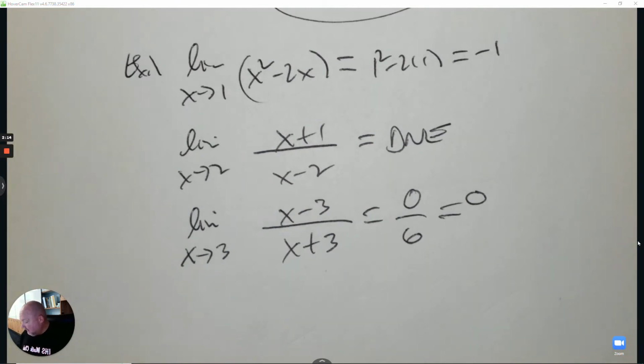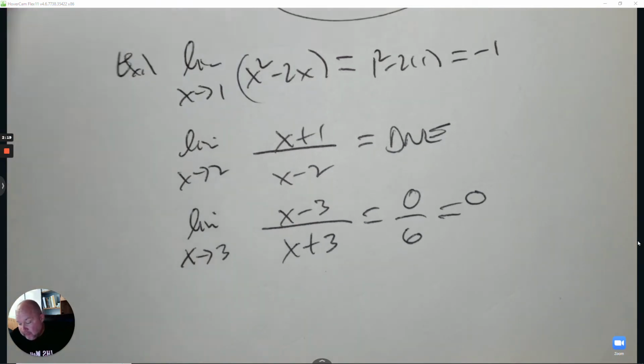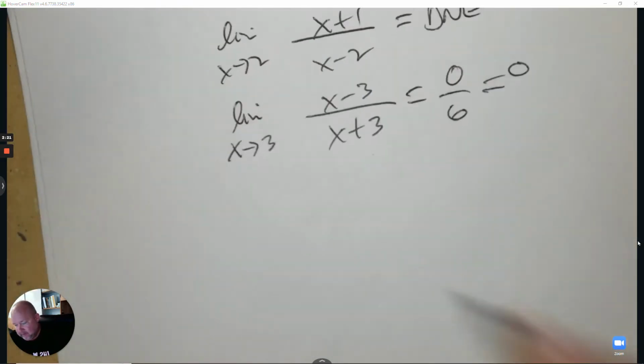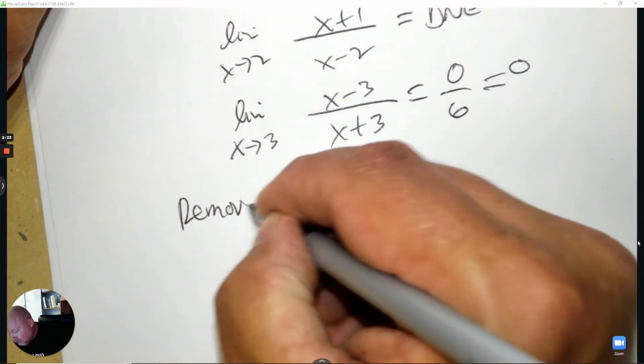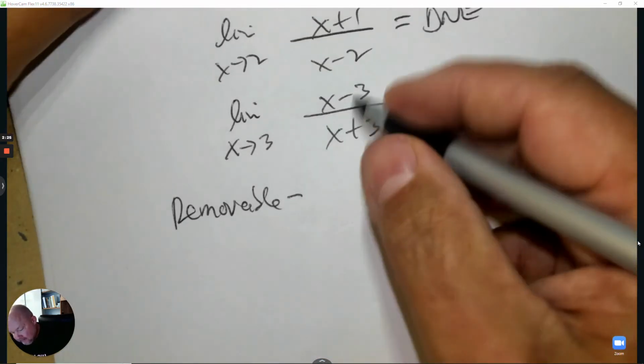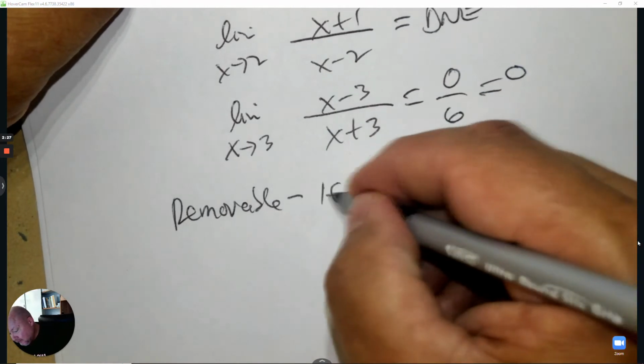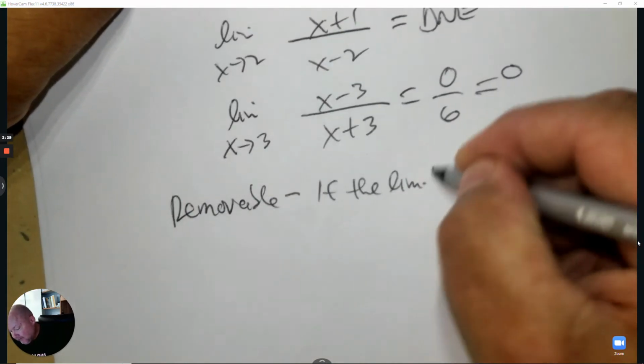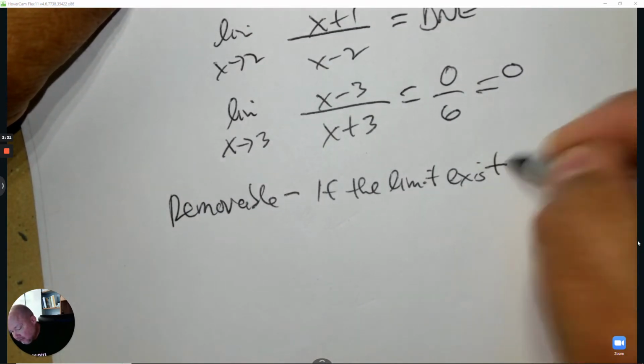And then we get into the idea of removable or non-removable. So it's removable if the limit exists at that discontinuity.